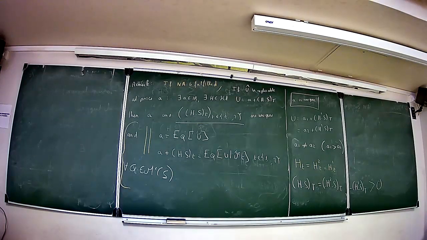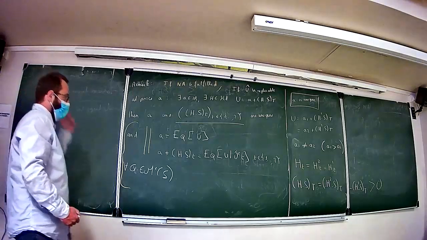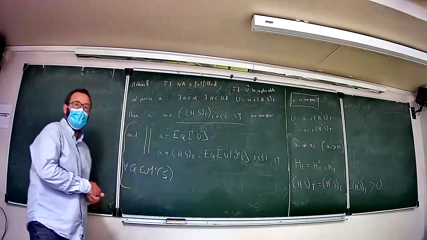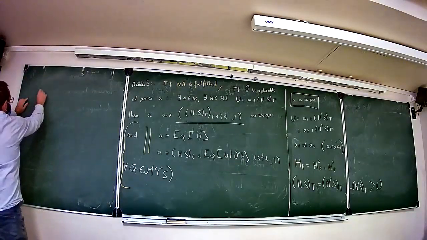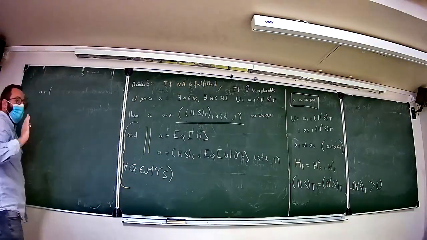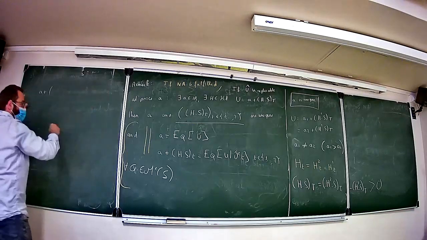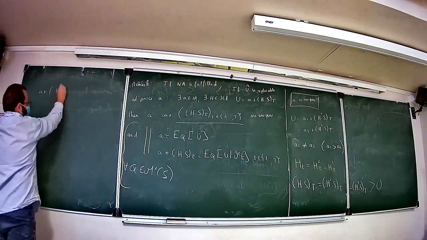Okay, so I have this one, this one. Yeah. But the idea is just to say that, suppose that I have two of this type here. I know that my A is unique. Okay, I have proved it previously. So I have something like this here.